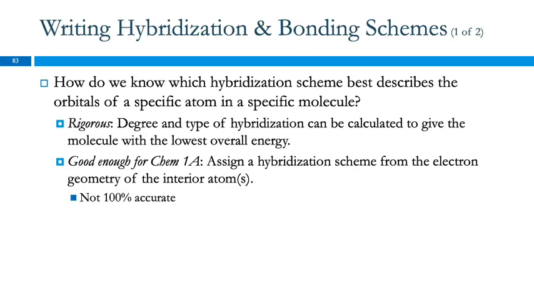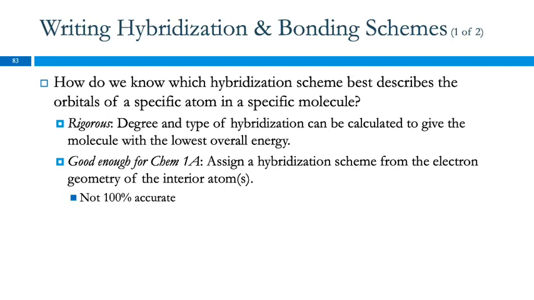Okay, so here's where it finally gets to how do we know? Well, we really should look at the kind of hybridization based on what's going to give the molecule the lowest energy. That's too much work. Good enough for Chem 1A, we're going to assign a hybridization scheme from the electron geometry of the interior atoms.